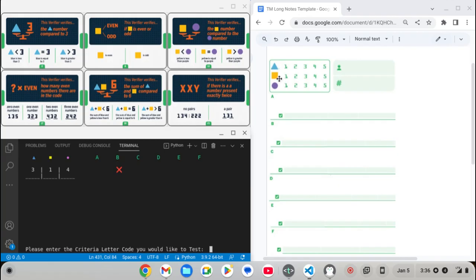So let's go ahead and type that up in our notes in section B, and we'll state that square is an even digit. And since it is even, let's go ahead and cross out the 3 odds.